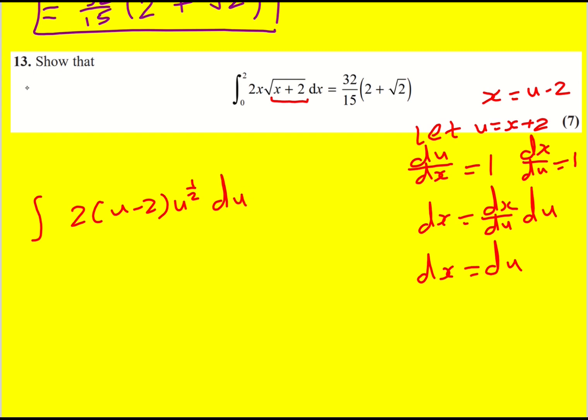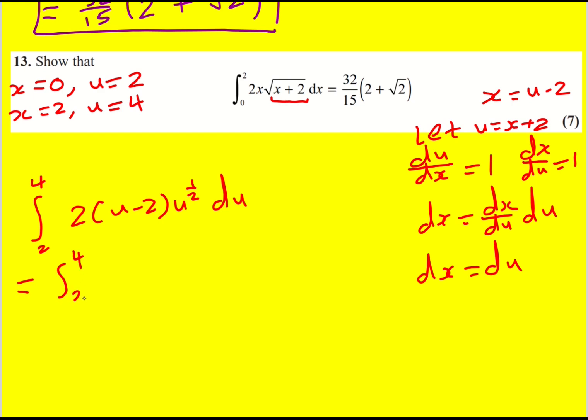Just need to change the limits. So when x is 0, u is just going to be x plus 2, so it's going to be 2. And when x is 2, u is going to be 4. So I get 2 and 4 here.